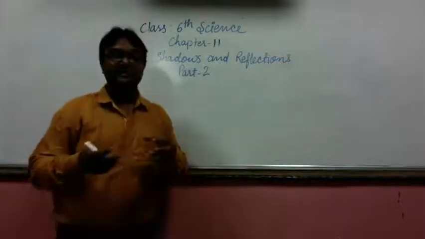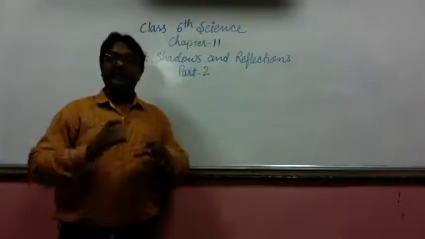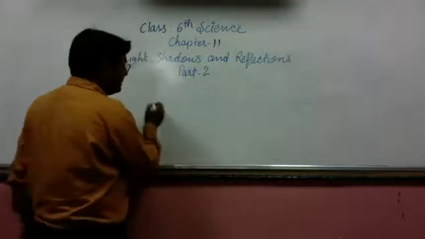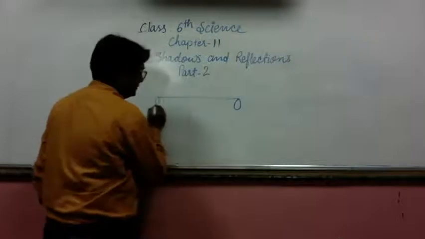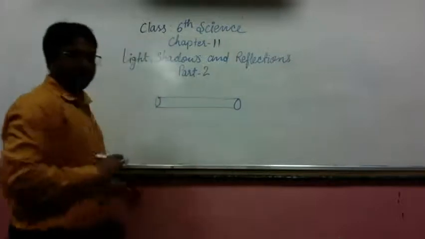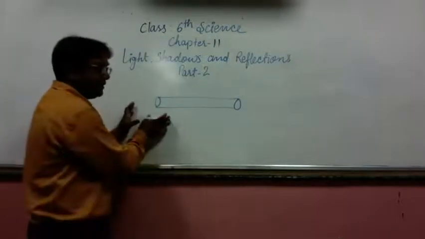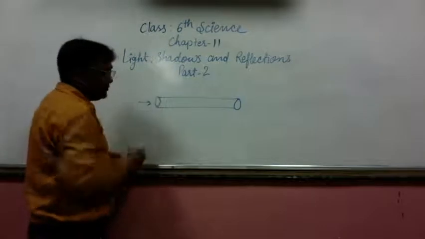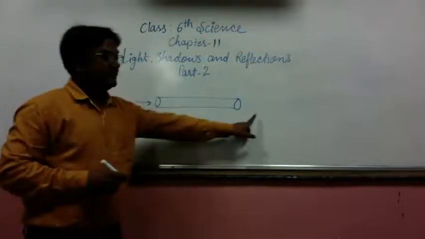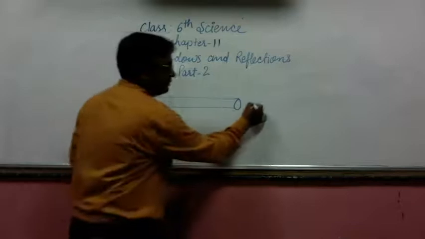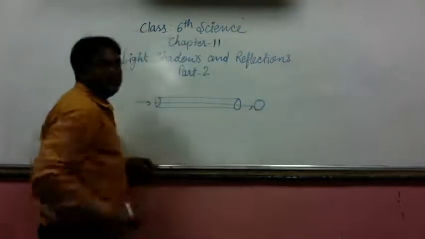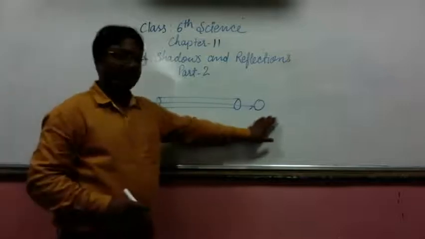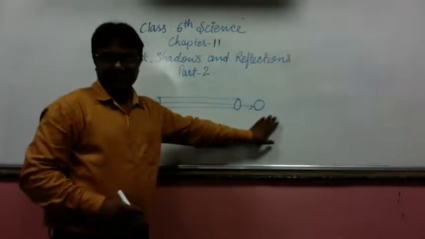You can take a piece of paper, then roll it, and make a roll of paper. If you look from one side to the other side, what will happen? You are able to see the objects which are kept on the other side of this rolled paper.